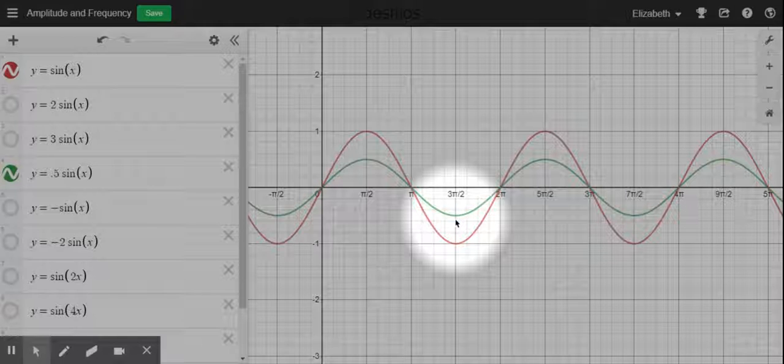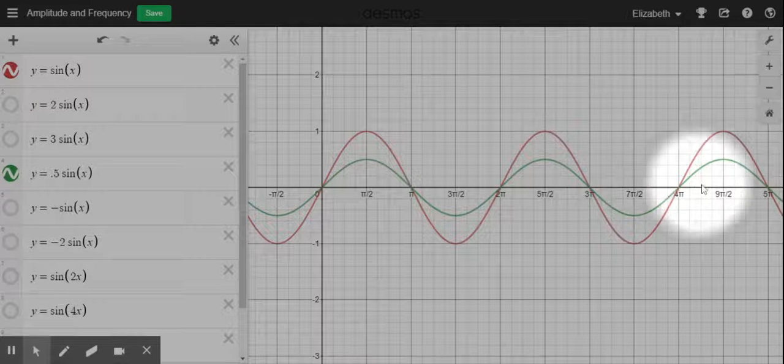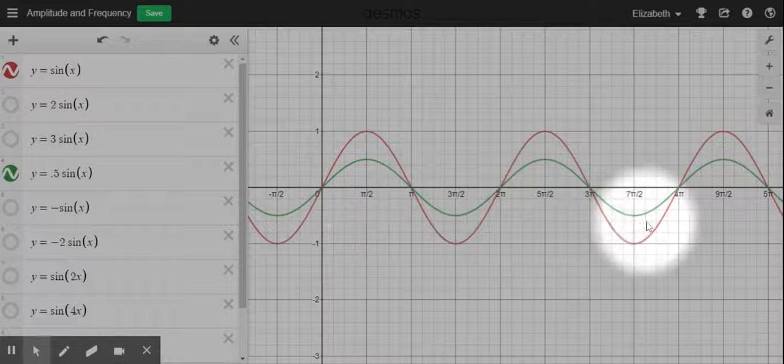What I want you to think about and remember, this is going to be really important in the coming lessons: the amplitude tells us how far up and how far below the sine curve will go from the very center. For what we've done so far, the center is the x-axis. This graph is totally centered along the x.